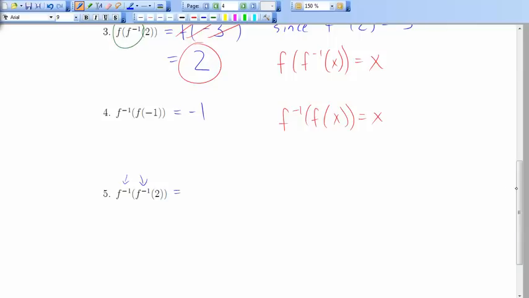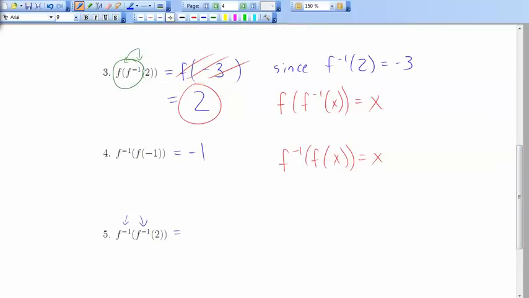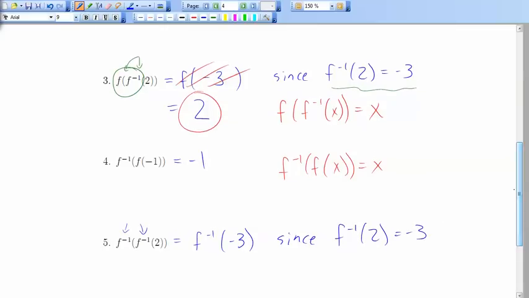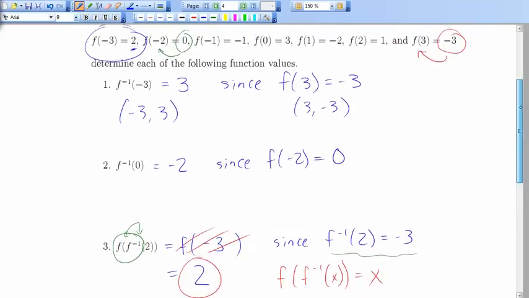Now f inverse of 2, well, we calculated that just above, so I'm just going to reuse this idea here. It's going to be negative 3, so I'm looking at f inverse of negative 3. And now for f inverse of negative 3, I want to find out what x value, when I plug it into f, gives me a y value of negative 3.